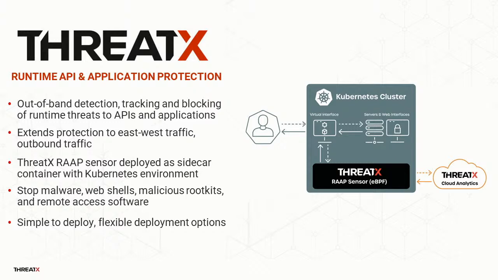Powered by eBPF, ThreatX Wrap inspects network traffic anywhere on a host or node without requiring an inline deployment. ThreatX Wrap may be deployed as a standalone solution to address runtime environments or be coupled with ThreatX's API and Application Protection Edge solution for 360-degree ability to detect, track, and block threats to APIs and applications.